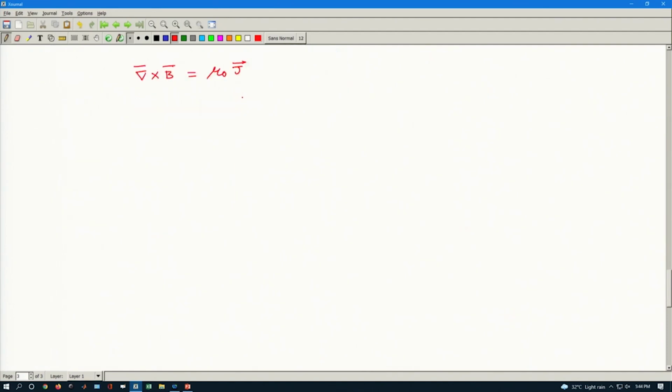This is the source term, J. Now, B is curl of A, and that gives me curl of curl of A as mu 0 J. Now, curl of curl of A, that is a very famous identity, and I can write that minus grad square A vector plus grad of divergence of A is equal to mu 0 J, right.